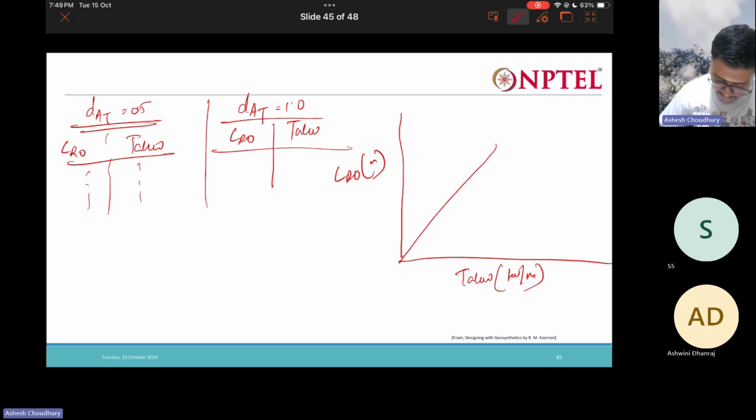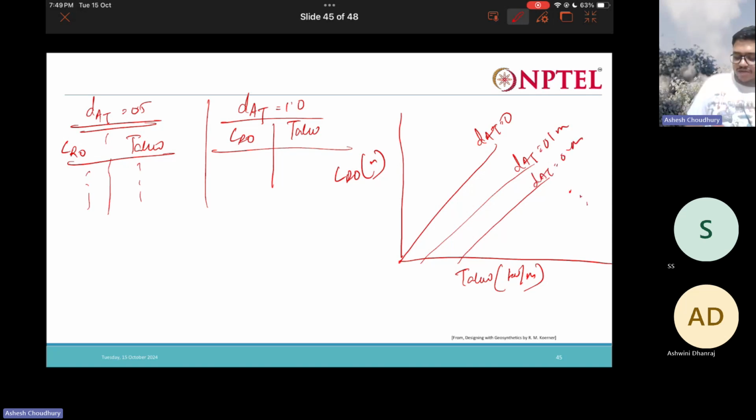Say this is d_AT equal to 0, this is d_AT equal to 0.1 meter, this is d_AT equal to 0.2 meter, like this various curves. For any value you can find directly from the graph what the LR naught should be for that particular T allowable of the geomembrane and that particular d_AT.